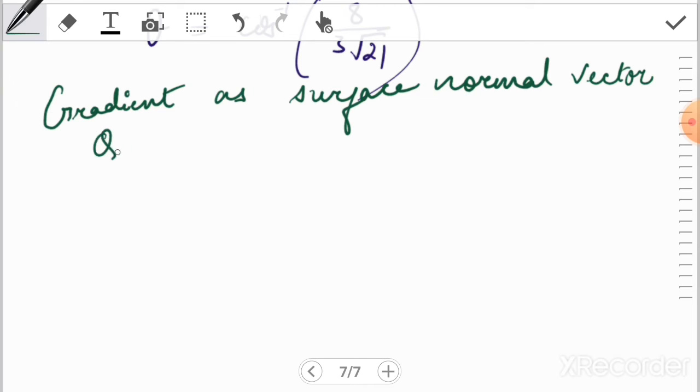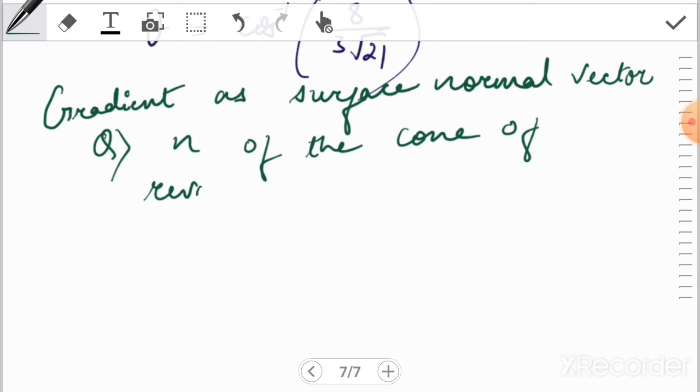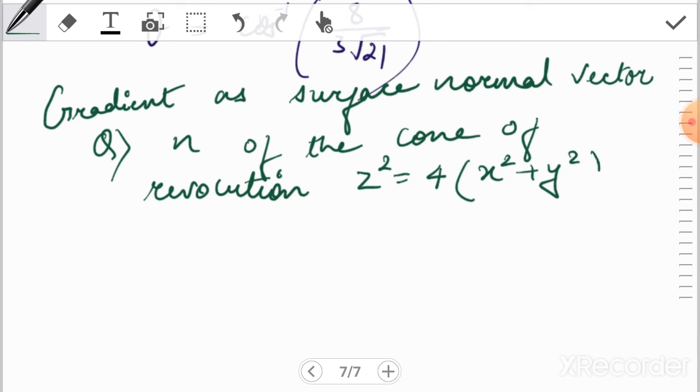Find a unit normal vector n of the cone of revolution which is given as z square is equal to 4(x square plus y square) at point P (1, 0, 2).